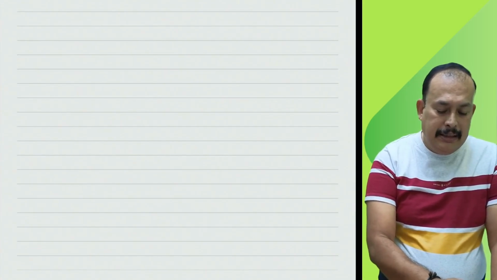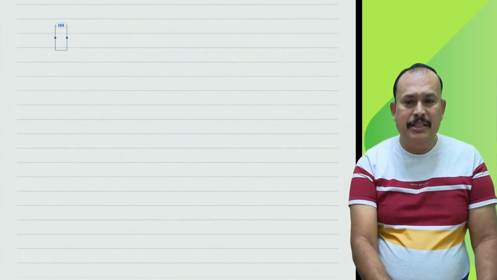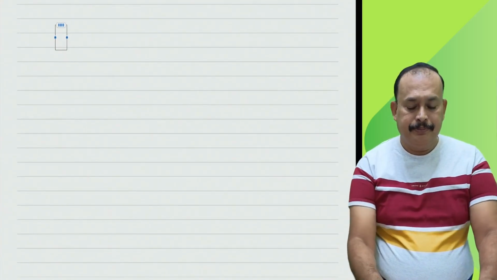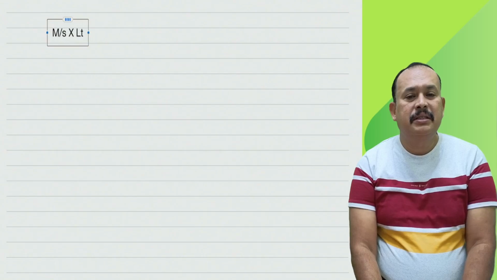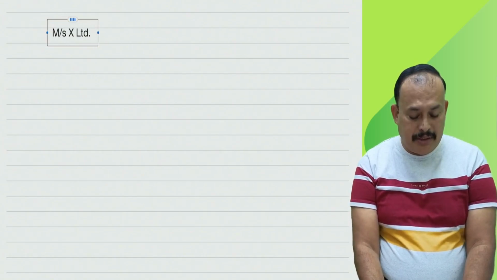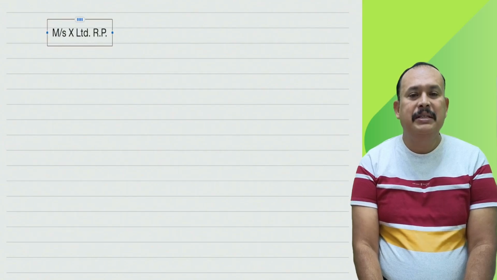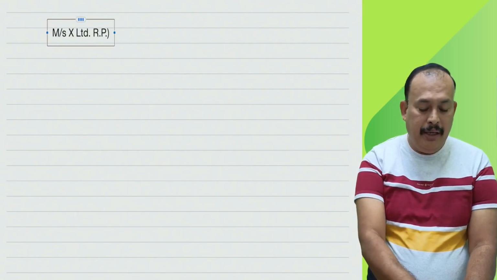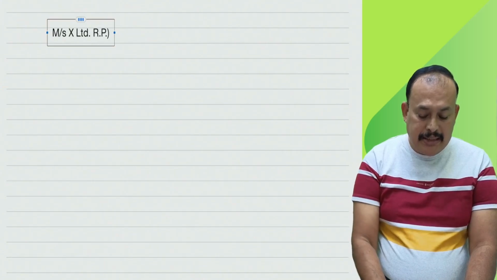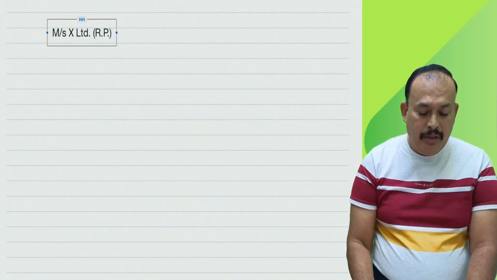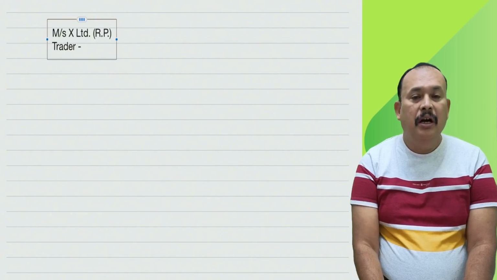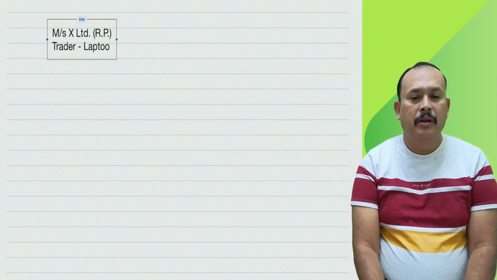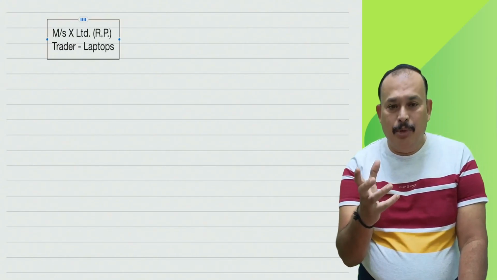Sir, in the given case, what happened? For example, assume a scenario like this. Mrs. X Limited is a registered person, RP. RP means registered person in GST. He is a seller of the goods. For example, he is a trader of, let us say, laptops. That means taxable goods.